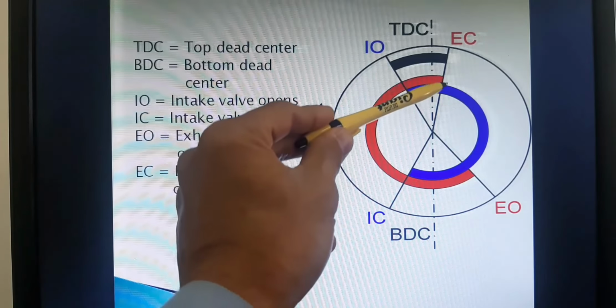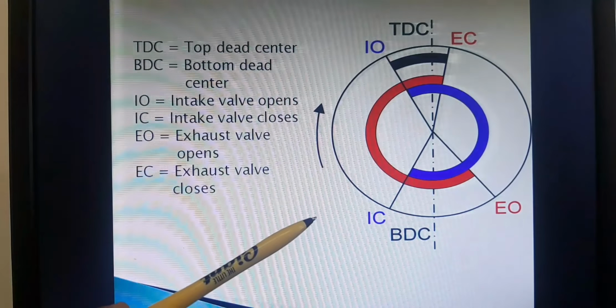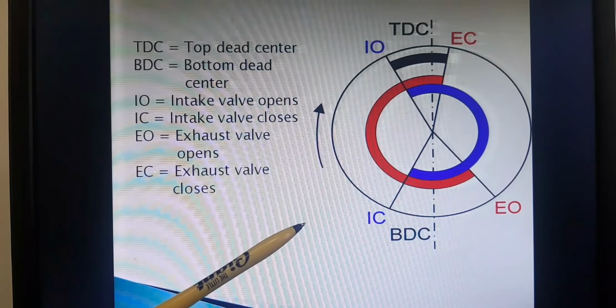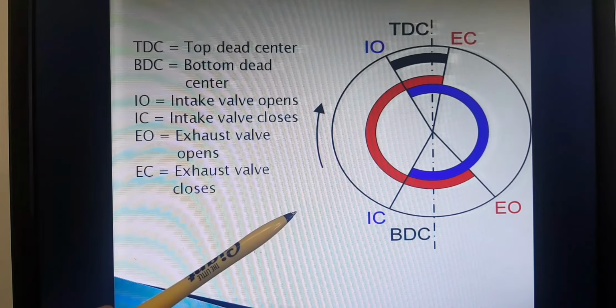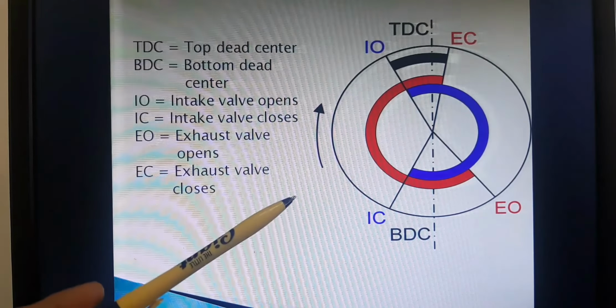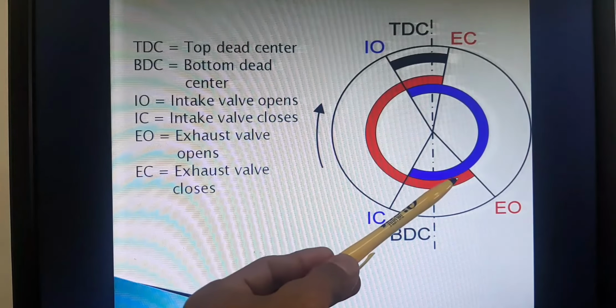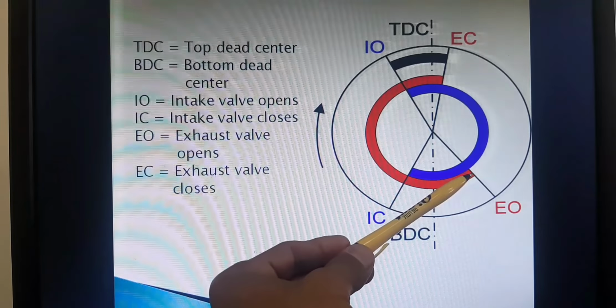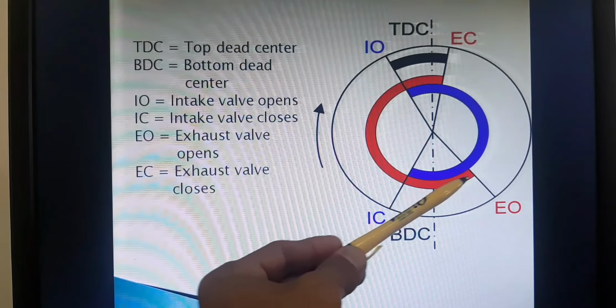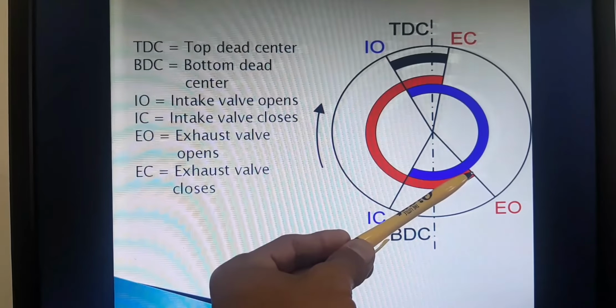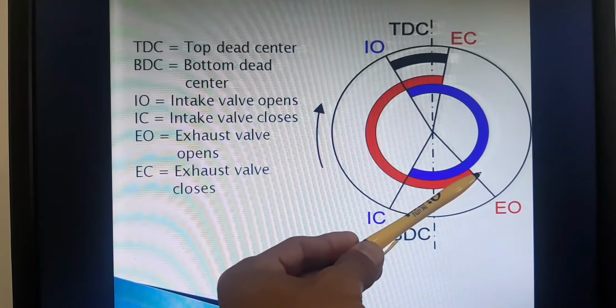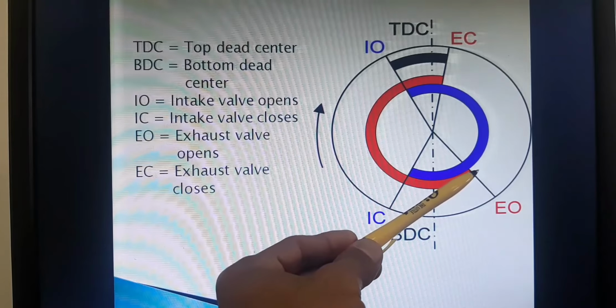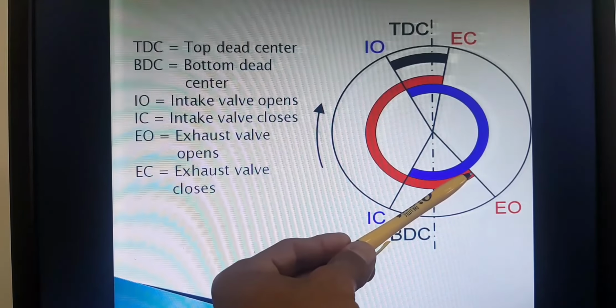So why is there a valve overlap there? We can see the exhaust valve is open here, right? So the combustion gases are starting to go out from here.